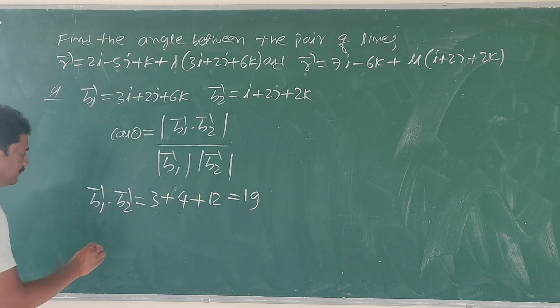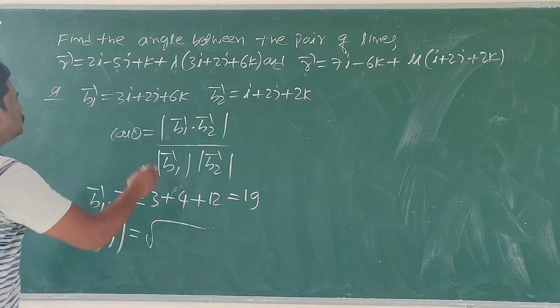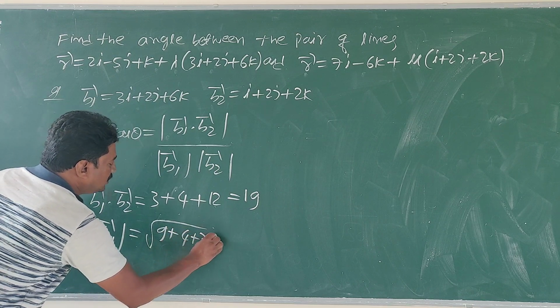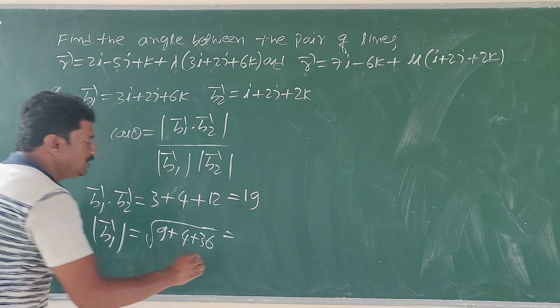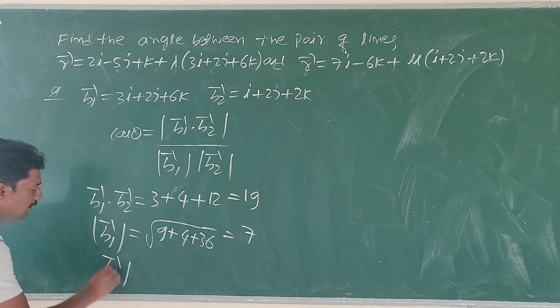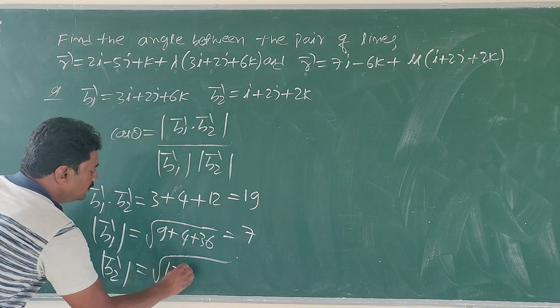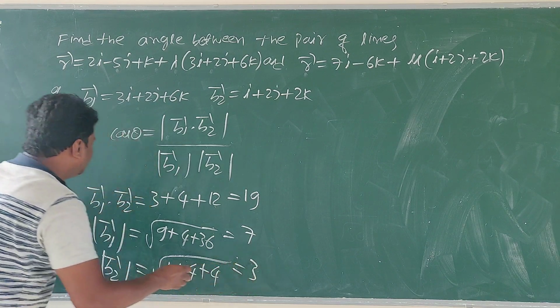Length of b1: root of 3 square 9, 2 square 4, 6 square 36, plus 4, 49. Root 49 is 7. Length of b2: root of 1 square 1, 2 square 4, 2 square 4, root 9 is 3.